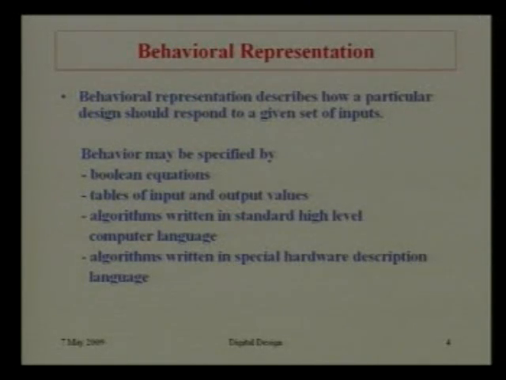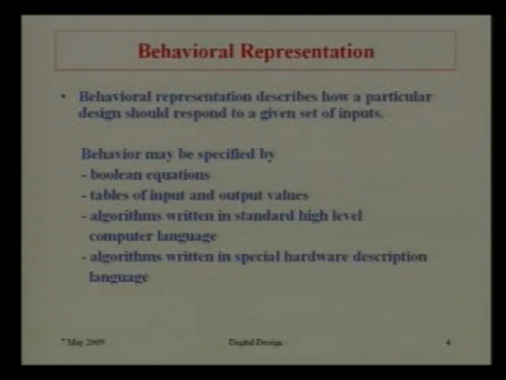Now, one by one those steps we see, that is behavioral representation. So, behavioral representation describes how a particular design should respond to a given set of inputs. Already I told, if I give this input, what will be the output? Just remember this thing, one black box. Now, behavior may be specified by Boolean equations.